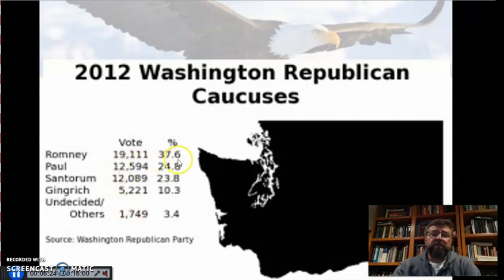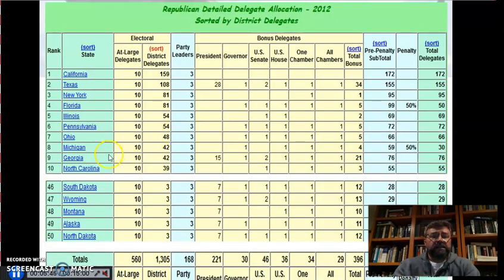So you can see here in the 2012 Republican caucus, we'll get into what caucuses are in just a little bit, you can see that in this case, Mitt Romney got 38-ish% of the vote, Rand Paul 24.8%, so forth and so on. And so when it comes time for Washington to give up its delegates, I was hoping Washington would be on this list, but it's not big enough.